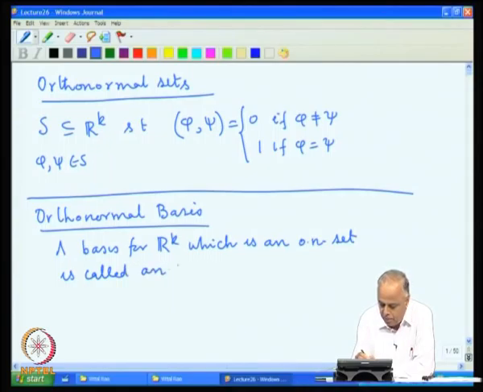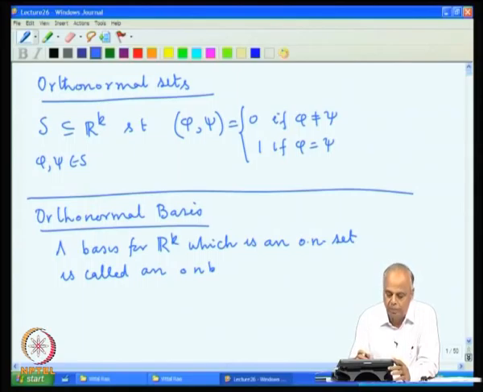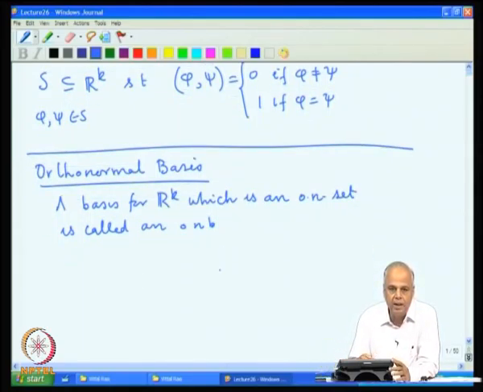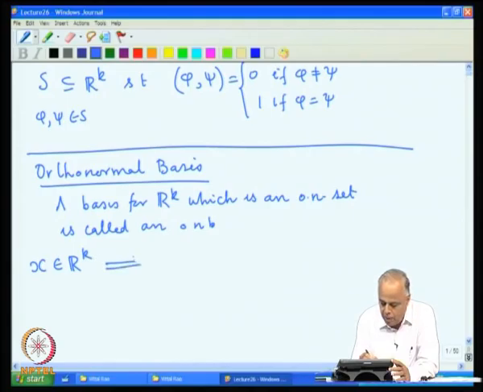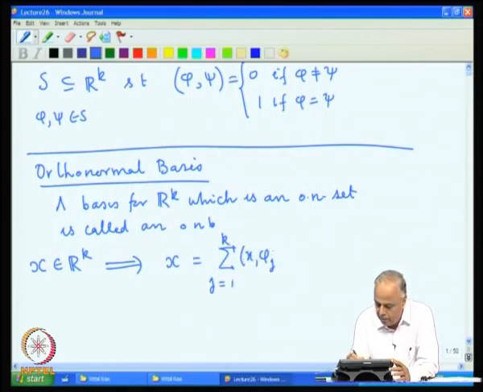So, this is a very important notion that we have introduced, and using this orthonormal basis we showed that any vector can be expanded in terms of the orthonormal basis. So, if we have x in R k, the expansion becomes easy. The vector x can be written as the sum over j equal to 1 to k of the inner product of x with phi j times phi j, where phi j is the orthonormal basis, j equal to 1 to k.